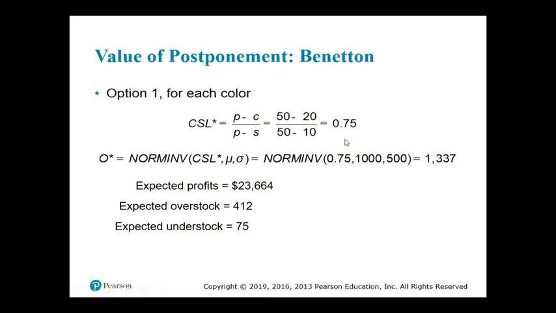The optimal order quantity for option 1 is 1337, and the expected profit for each color of t-shirts is 23,664, with the corresponding overstock.